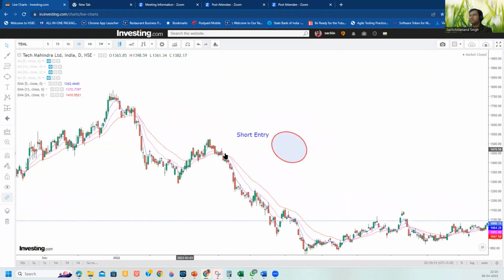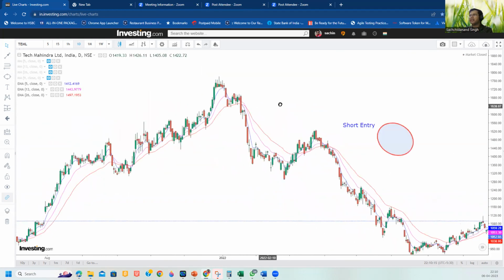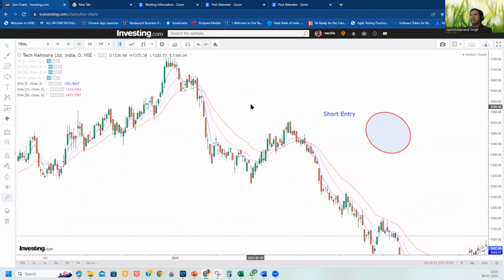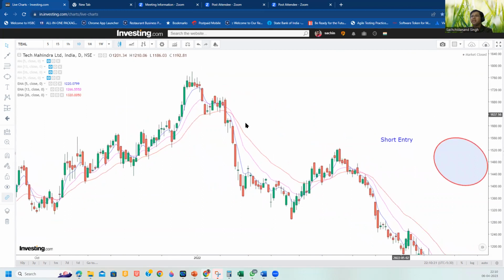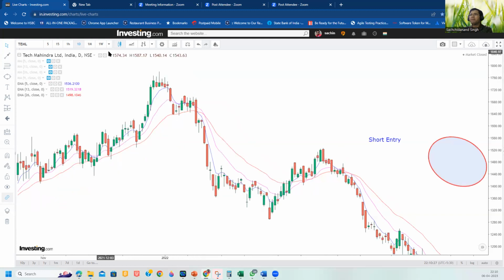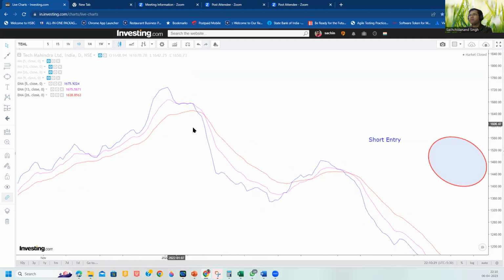So here is another example of the negative crossover, considering these three exponential moving averages, that is 5, 13 and 26. I'm hiding the chart just to have proper clarity.